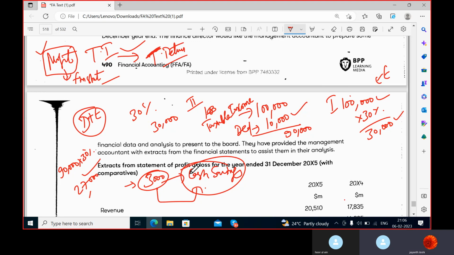At the end of the day, physically you have to pay cash for your taxes. Whatever you do in the books is okay, but when you go and pay tax to the authorities, you have to pay a cash amount or give a check. So this much will be surplus in your cash account because you are paying this much only instead of this much. Correct? Okay. Yes, sir.